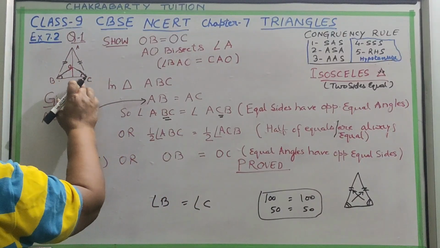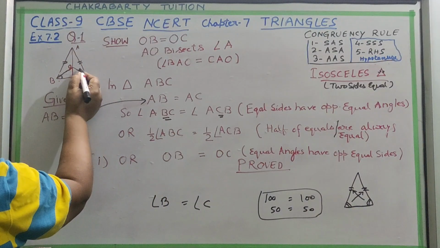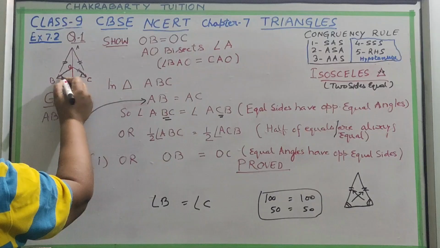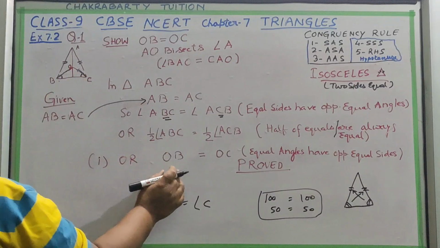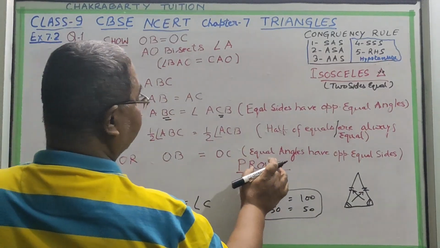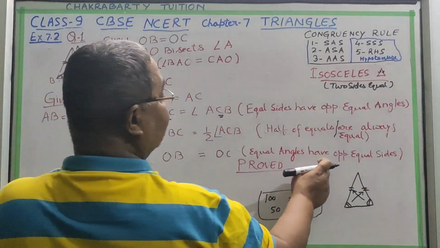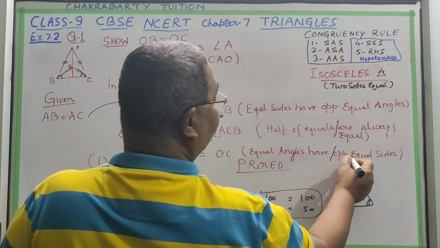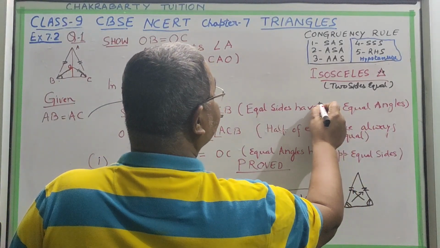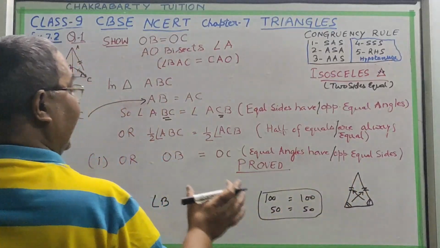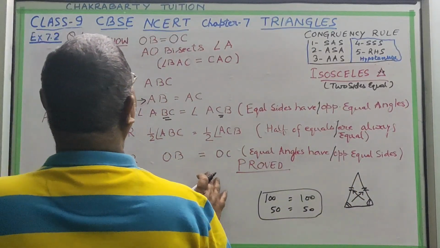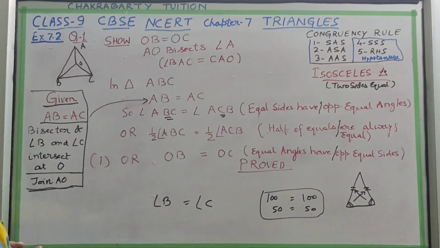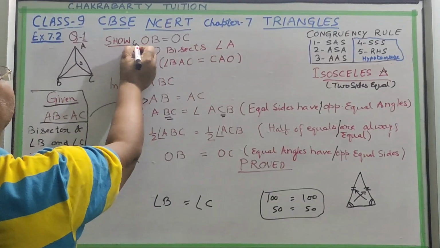So when these halves are equal, the opposite line is OC and the opposite line is OB, so OB and OC will also be equal, because equal angles have opposite equal sides. Okay, so this you have to write. And our first part is over now.